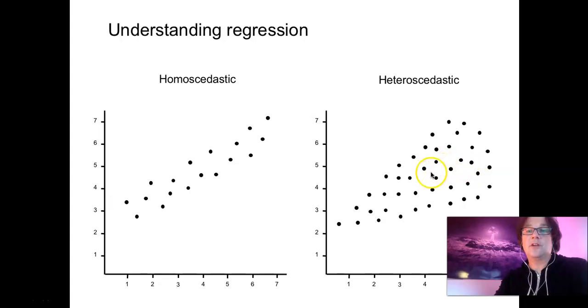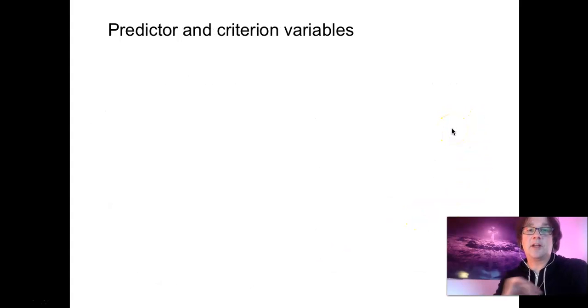The error rate of your regression line is going to increase. So we want our scatter plots to be homoscedastic, right? We want nice, even, consistent differences here. We don't want to see something like this happen in our scatter plots.